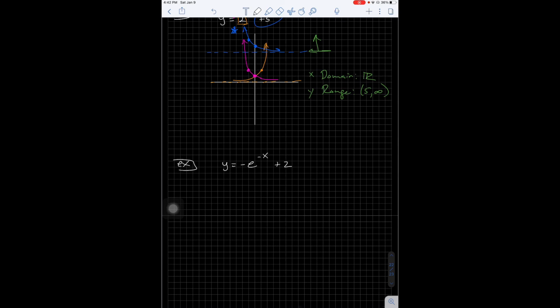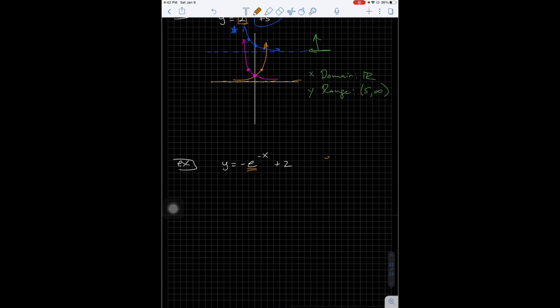What in the world? What is this? Okay, E is kind of like pi. It's an irrational number that pops up all the time, and it pops up so often that we gave it a name. Okay, E is roughly 2.7.